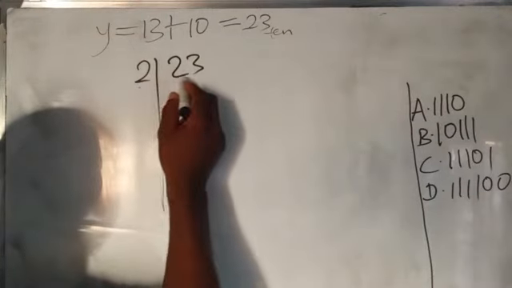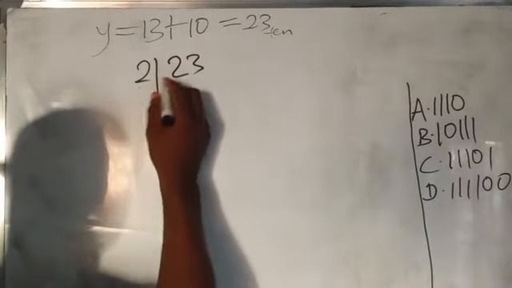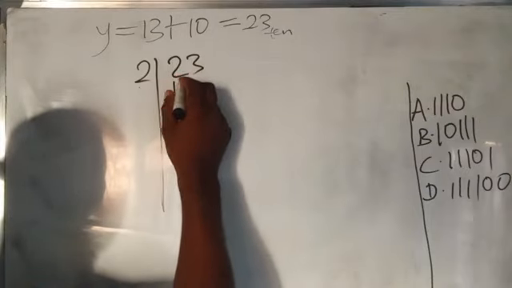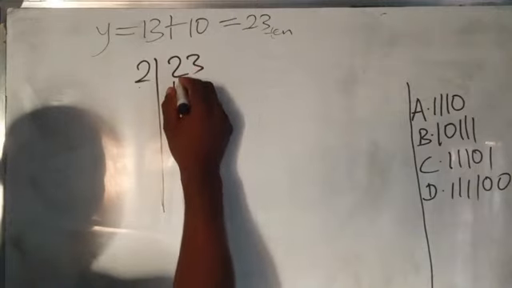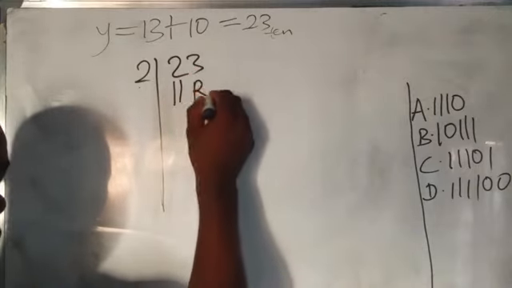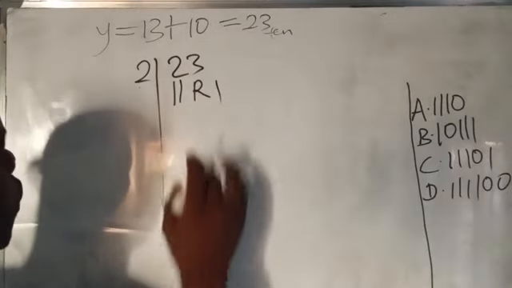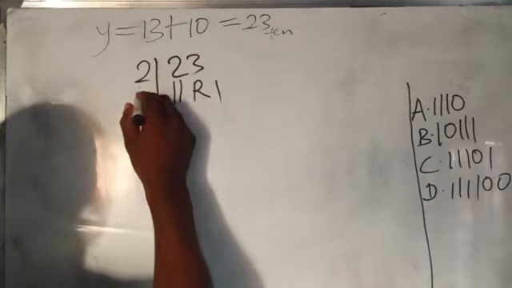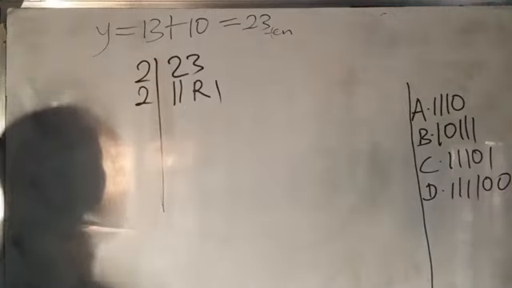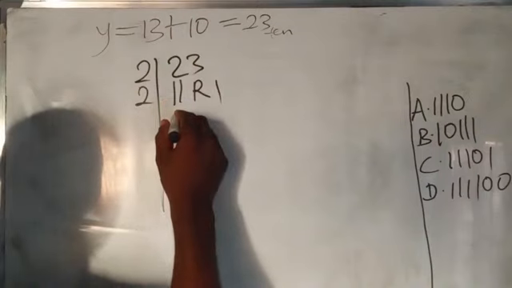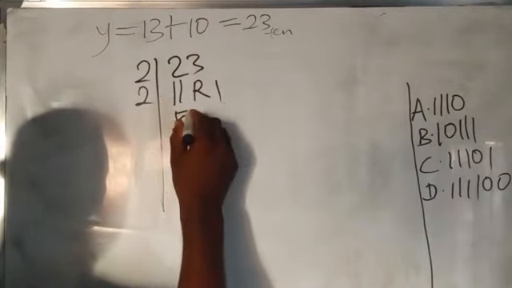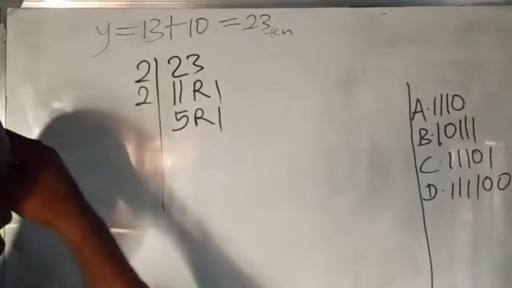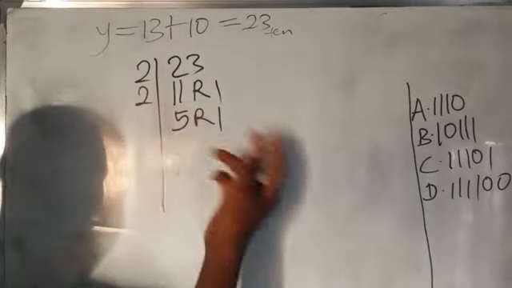So 2 divide 23, what do you have? 2 divide 2 is 1. 2 divide 3 is 1 again, remainder 1. So 2 divide 23 will have 11, remainder 1, right? So 2 again. 2 divide 11 will have 5, remainder 1, because 5 times 2 is 10 and 11 minus 10 is 1.